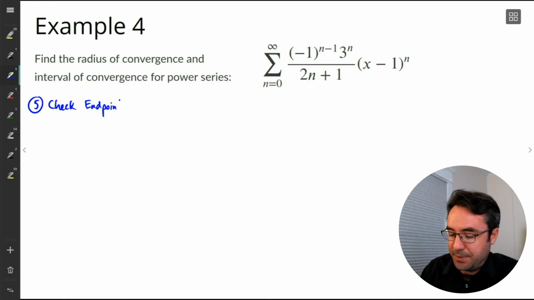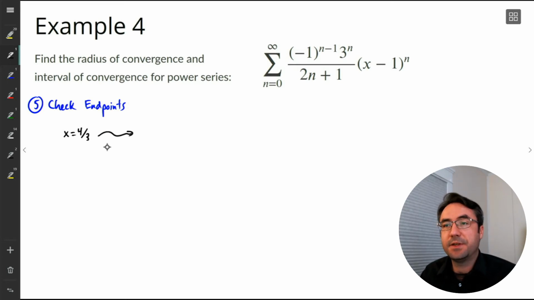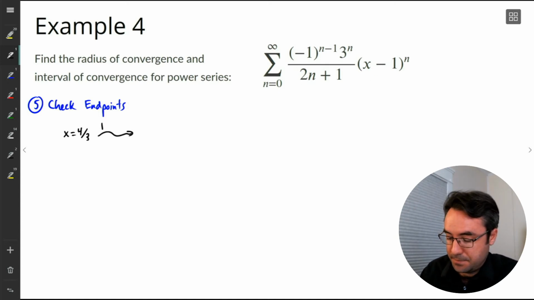And there's 2 endpoints we need to check. So let's start with x equal to 4/3. And what we're going to do is plug this into our power series. So when we do that, we get the sum from n equals 0.